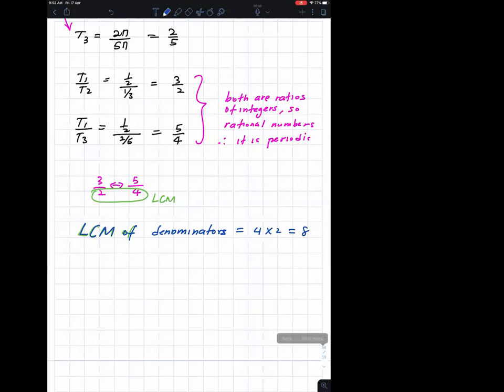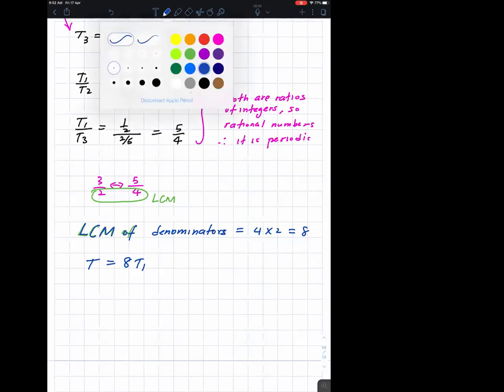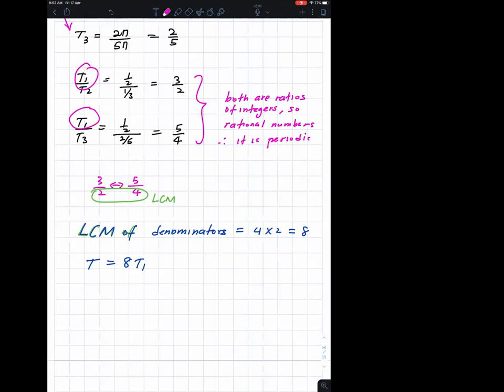So therefore the period T, sometimes they call it T naught, is simply the LCM times T1. Because T1 is the main thing, you're comparing T1 and using T1 as your reference. Just follow these steps. You will be okay.